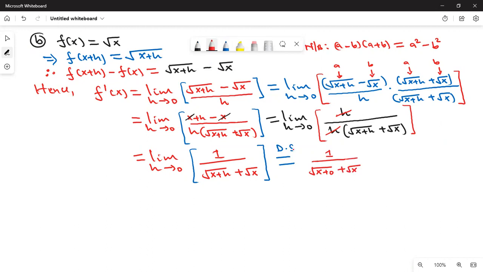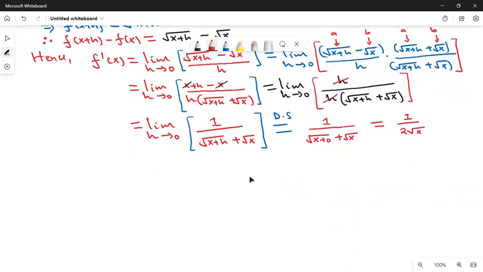It is only h that is approaching 0, so we substitute the value of h, not x. Don't confuse the two. So this is the same as writing 1 over 2 root x. 2 times root x. And so that is our derivative of that function. F of x is root x. So f prime of x is 1 over 2 root x.